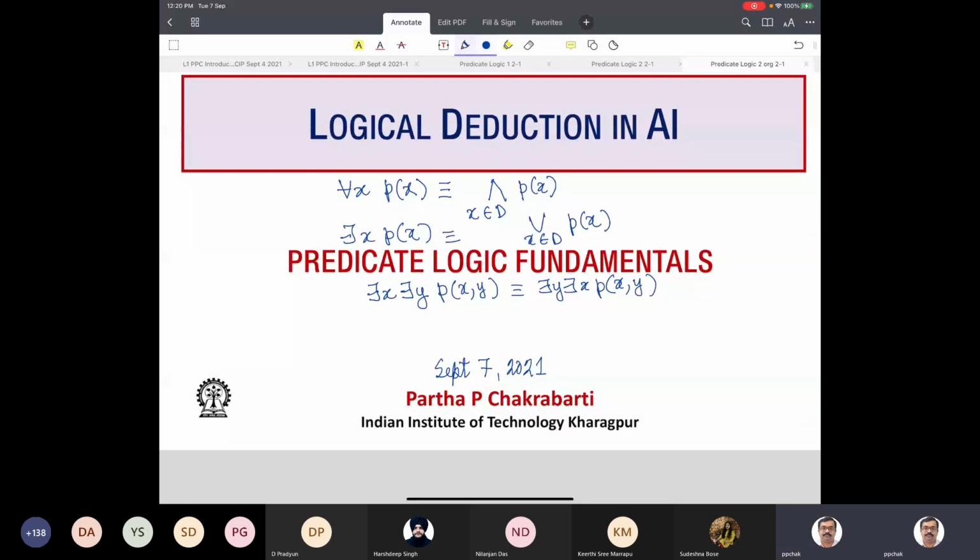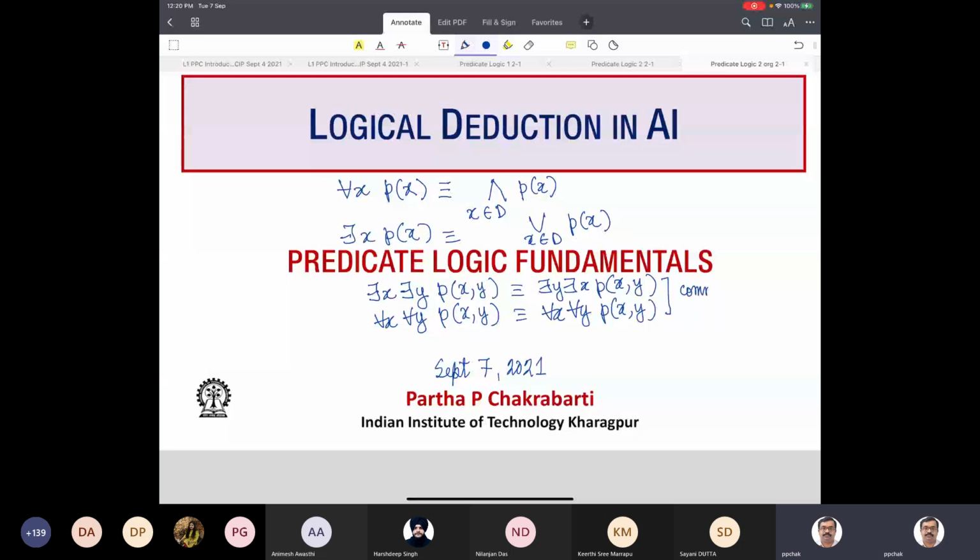Why are these two equivalent? Because all of them are or, and what is the property of all or and? The order does not matter. They are commutative operators.